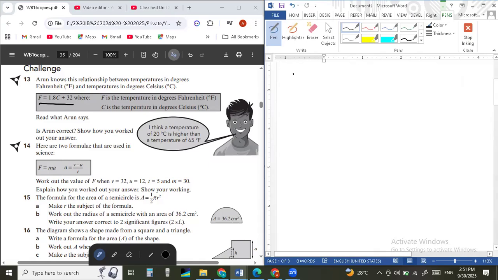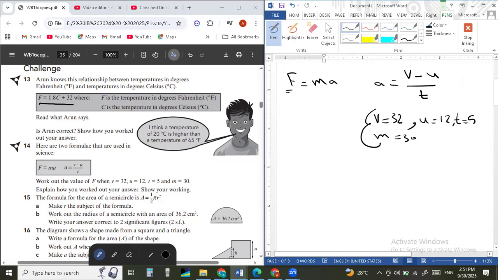F equals ma, and the other one, A equals V minus U over T. They're telling you to work out the value of F. They want you to work out F when V is 32, U is 12, T is 5, M is 30. And they want you to work out the value of F.